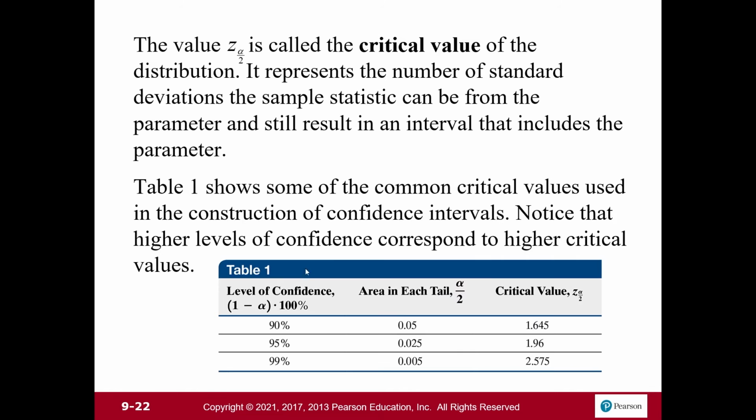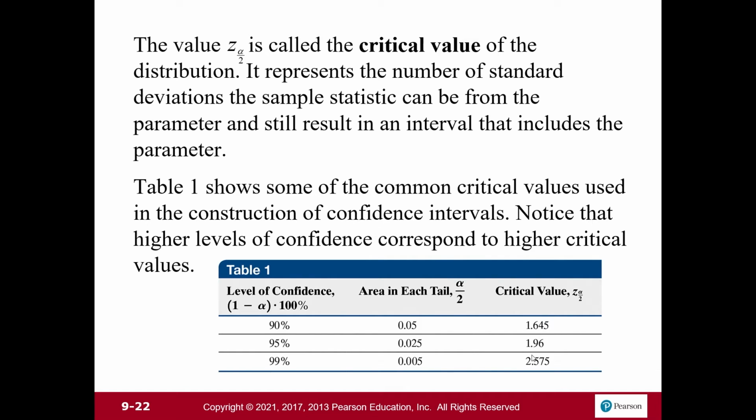Now there are some common critical values. If we have to construct a confidence interval with a 90% confidence level, the critical value will be 1.645. We always take the positive one. This is how much the area will be in each tail.